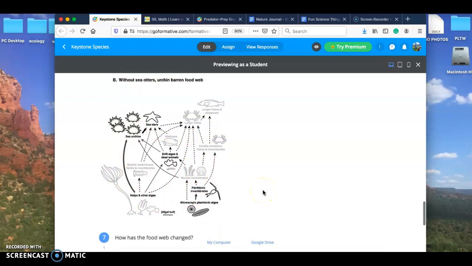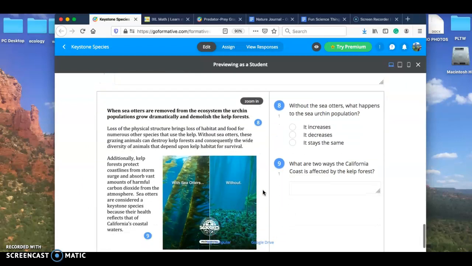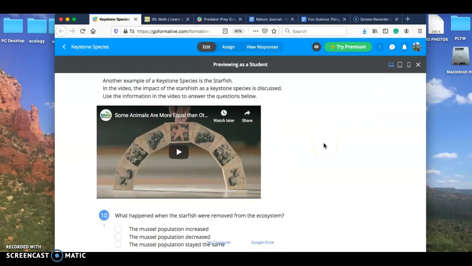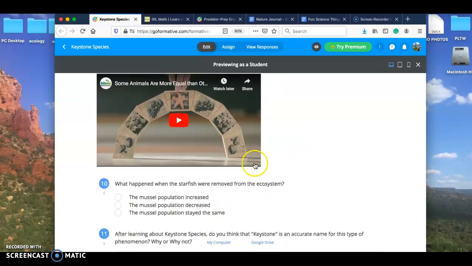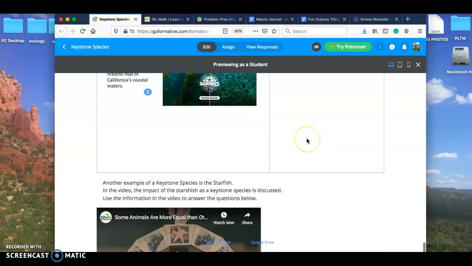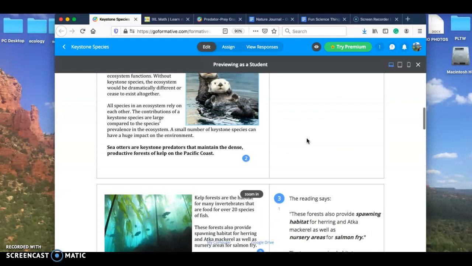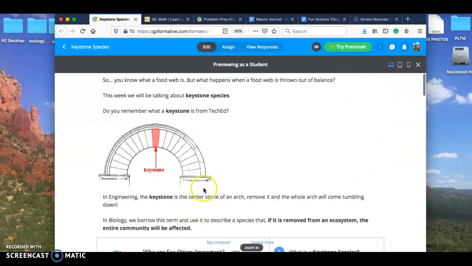Think about how that changes. There is a little video explanation that talks about a couple different examples of keystone species. But that's kind of our goal for the week, is to think about how one species can affect an entire ecosystem. So that's what you're going to do first. Maybe that's what you do Monday.